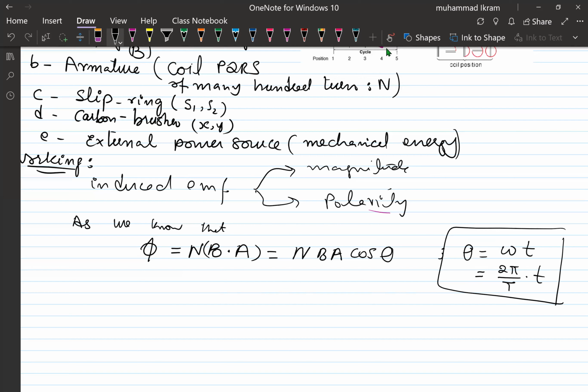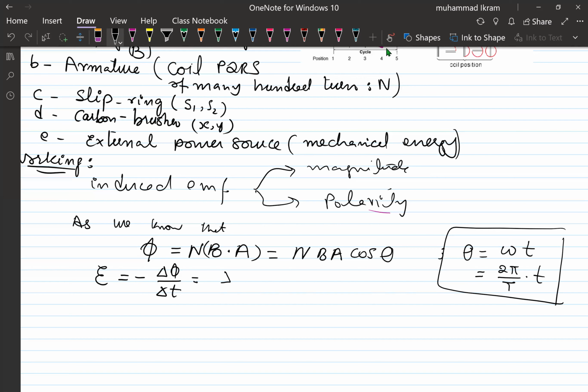Now for the rate of change of flux, according to Faraday's law, the induced EMF is equal to minus delta phi by delta t, where the negative sign indicates the direction of the induced EMF and can be found by using Lenz's law.